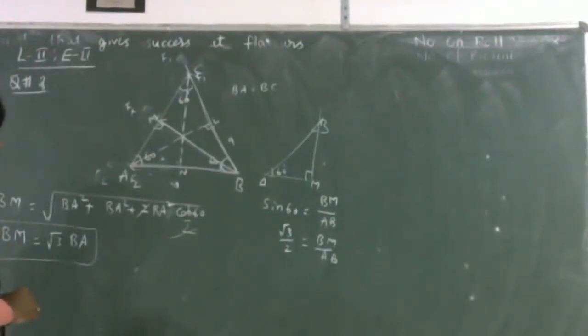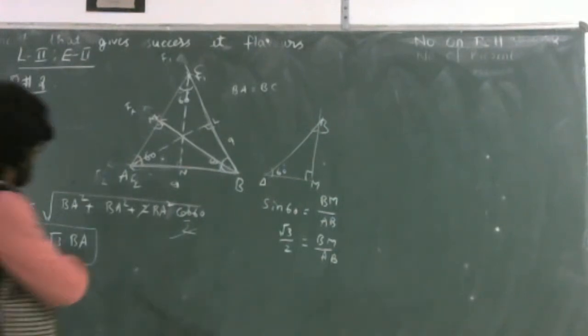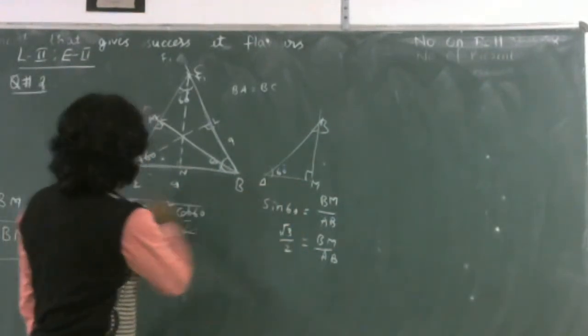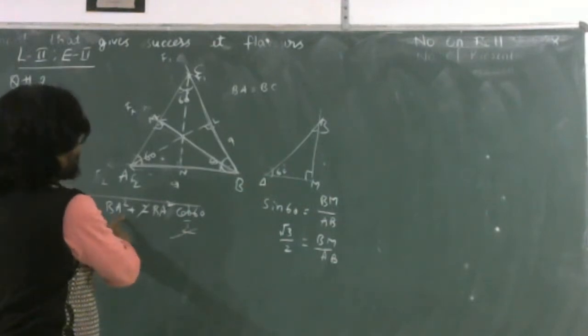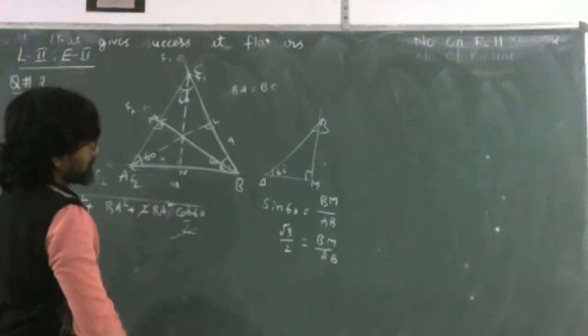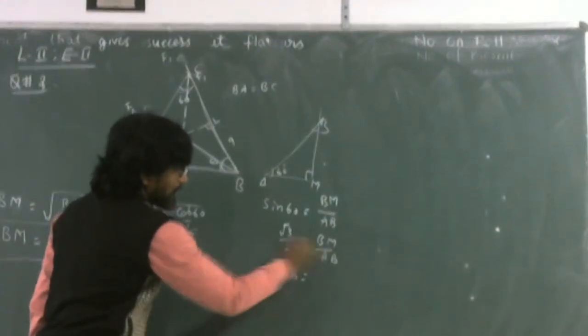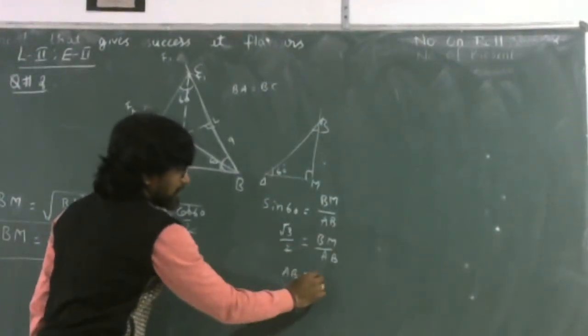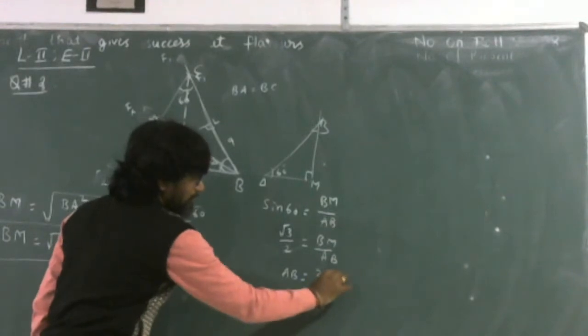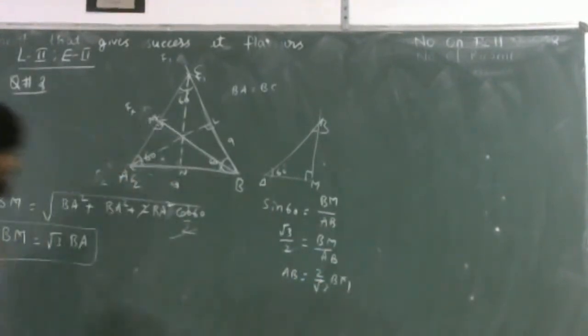But if you take this as BA and AB, BA or AB are both the same. So AB is equal to, if you send this here, 2 by root 3 BM. Yes?